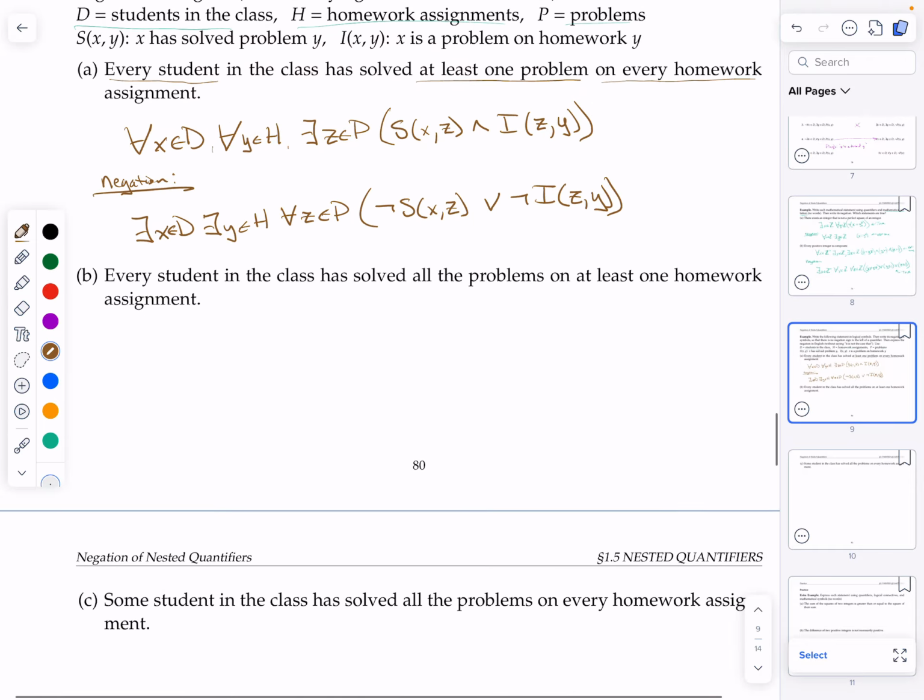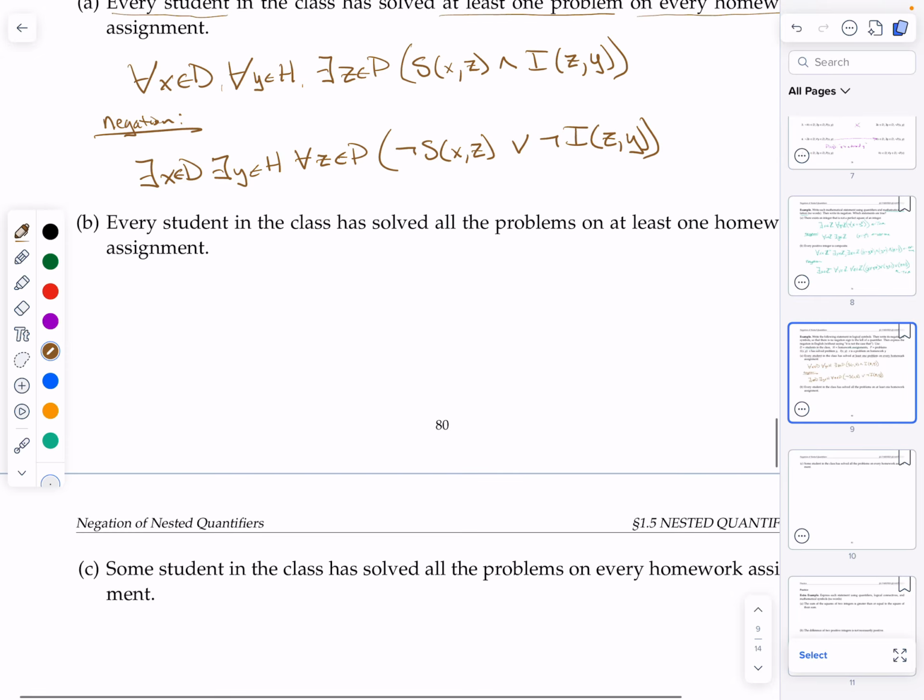Okay, I'm just going to say it instead of writing it. There is a student and a homework assignment, so that for every problem, either the student did not solve that problem, or that problem is not on the homework assignment. In other words, there is a student who didn't solve any of the problems on at least one homework assignment.